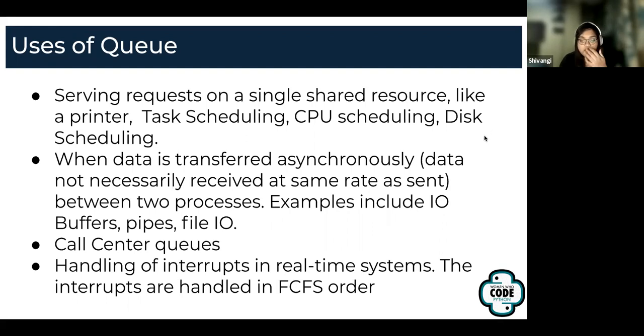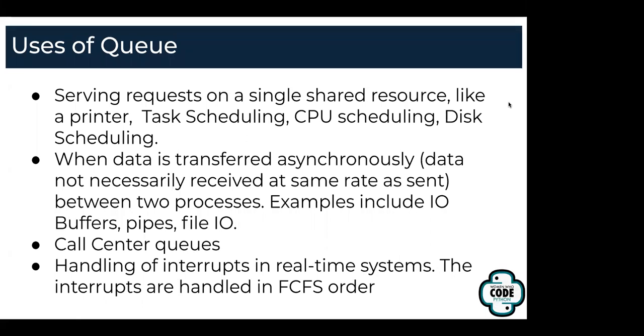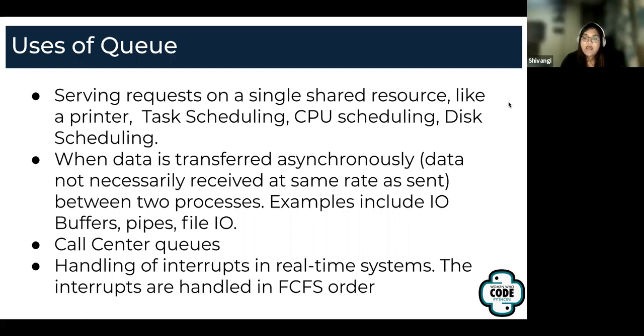Now, another use of the queue is when you want to do a data transfer in an async fashion. Basically, that means the incoming rate of the data and the outgoing rate of the data are not the same. You don't send things as soon as they come. A good example would be your input output buffers.